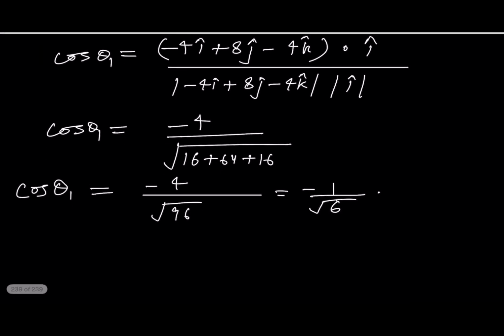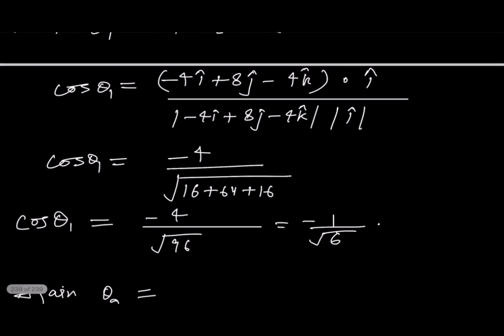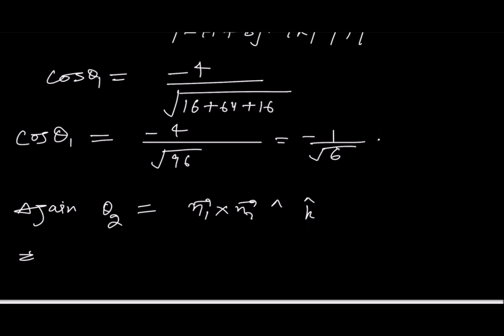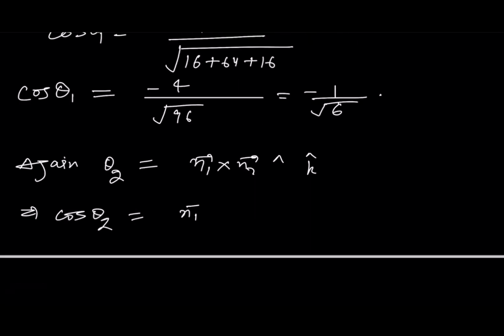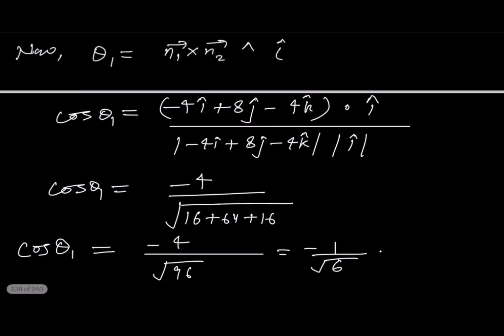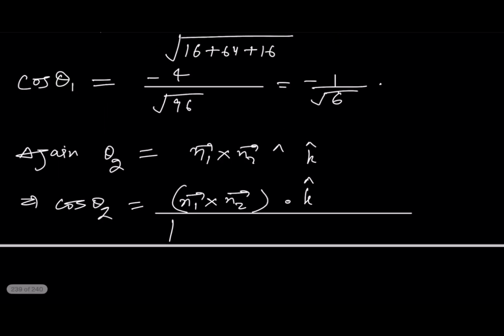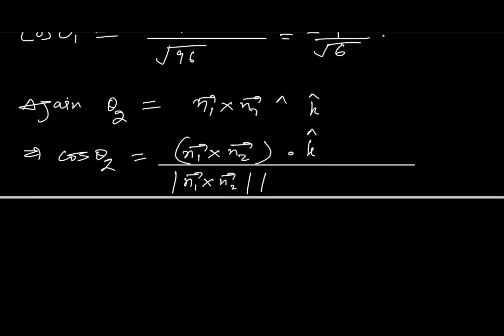Now again say theta 2 is the angle between n1 cross n2 and k cap. So cos theta 2 will be n1 cross n2 dot k cap upon mod of n1 cross n2 times mod k cap, right?